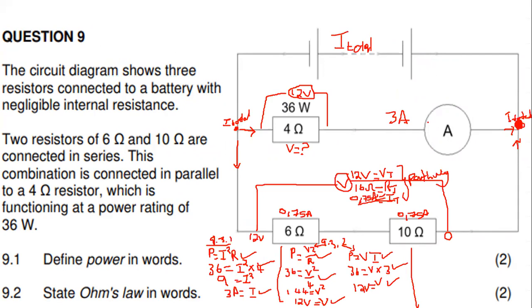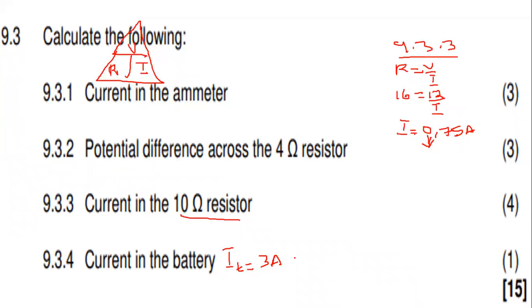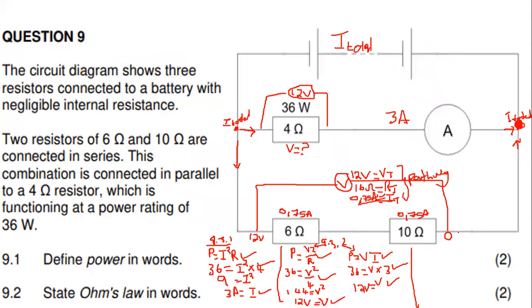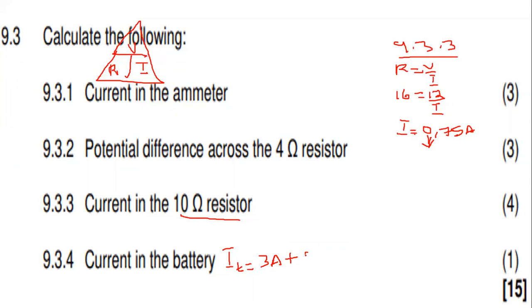Remember, some of the current went there, some of the current came through there. So the total current divided into 3 and 0.75. So the total current will be 3 amperes plus the current that went through there, which is 0.75.